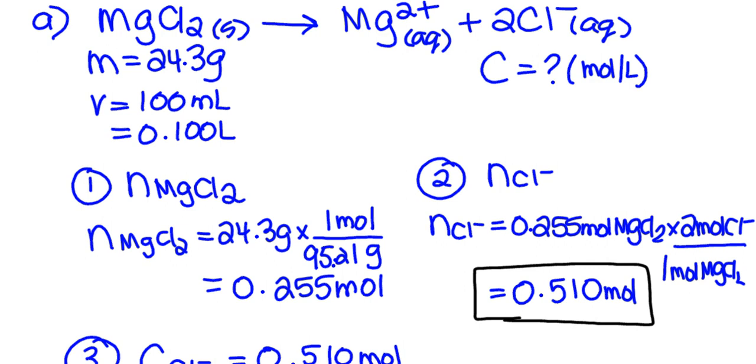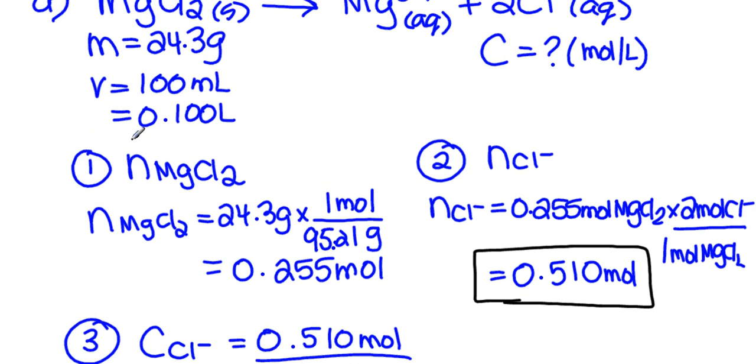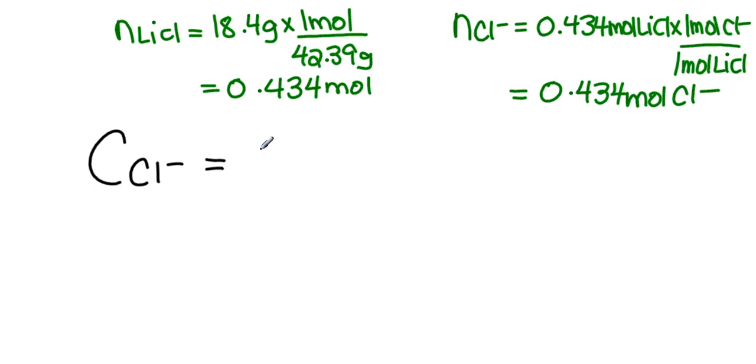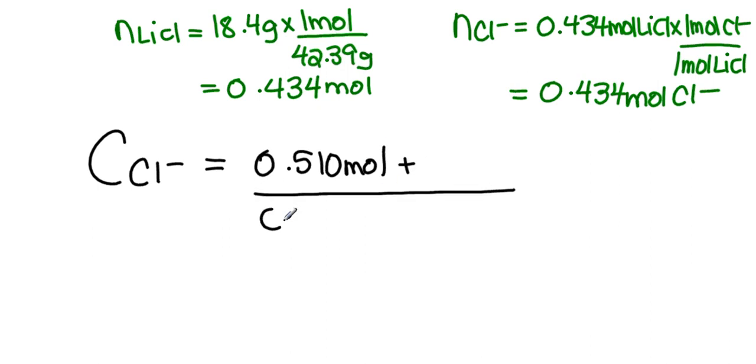So that's going to go in our formula. And we'll also need to put in our volume from part A, which is 0.1 liters. So we've got on the top 0.510 moles. And on the bottom, we've got 0.100 liters. The other half comes from part B. So part B, we just found how many moles of chloride ions there are.